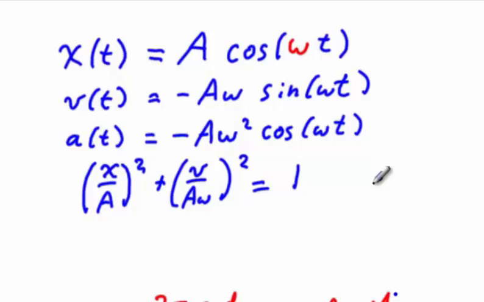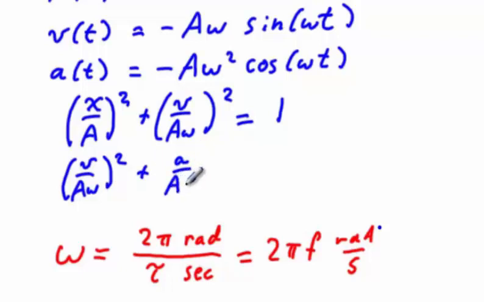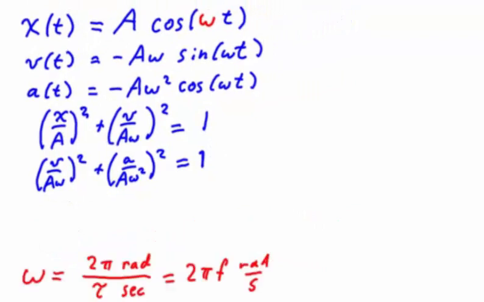Similarly, we can combine velocity with acceleration by dividing each of these by their maximum. Velocity over its maximum value of a omega plus acceleration over its maximum, which is a omega squared, quantity squared, reads sine squared plus cosine squared, and trigonometrically this is always 1.